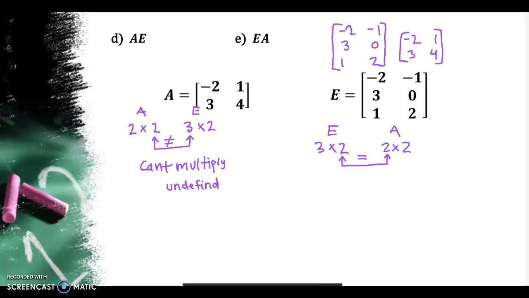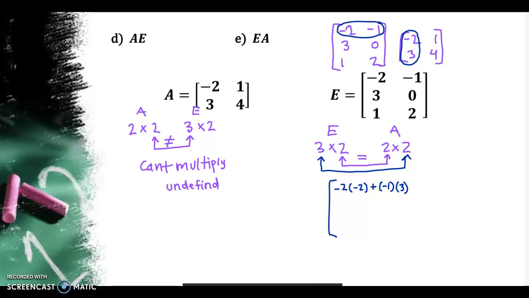So what's our resulting matrix going to end up like? It's going to be a 3 by 2. So the entry in my first row and first column is going to be -2 times -2 plus -1 times 3.